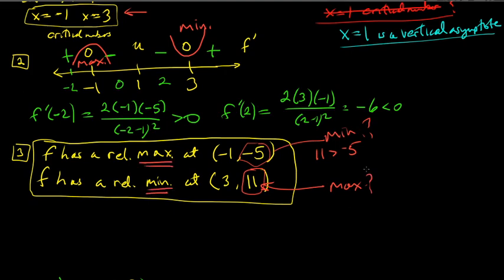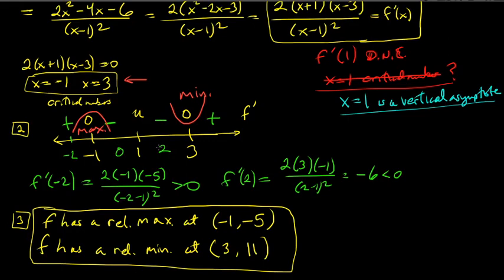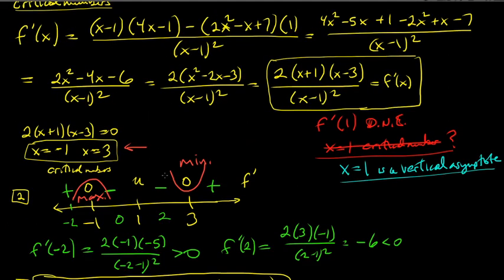That's backwards, right? So you cannot just look at the y-coordinates and say, oh, well, 11 is bigger than negative 5, so 11 has to be the maximum. Nope. That does not happen here. So yeah, unfortunately, for better or worse, this is the procedure. Once you get used to it, it's really not that bad.